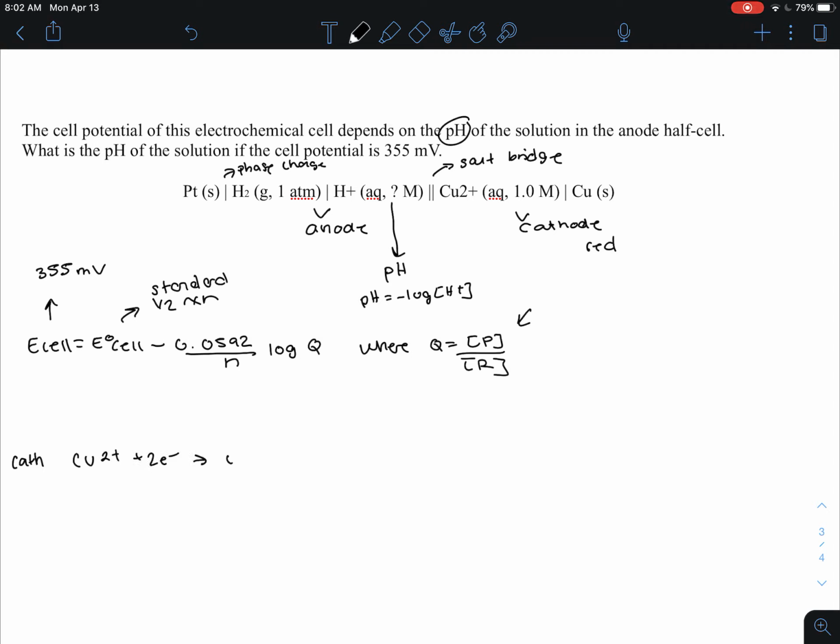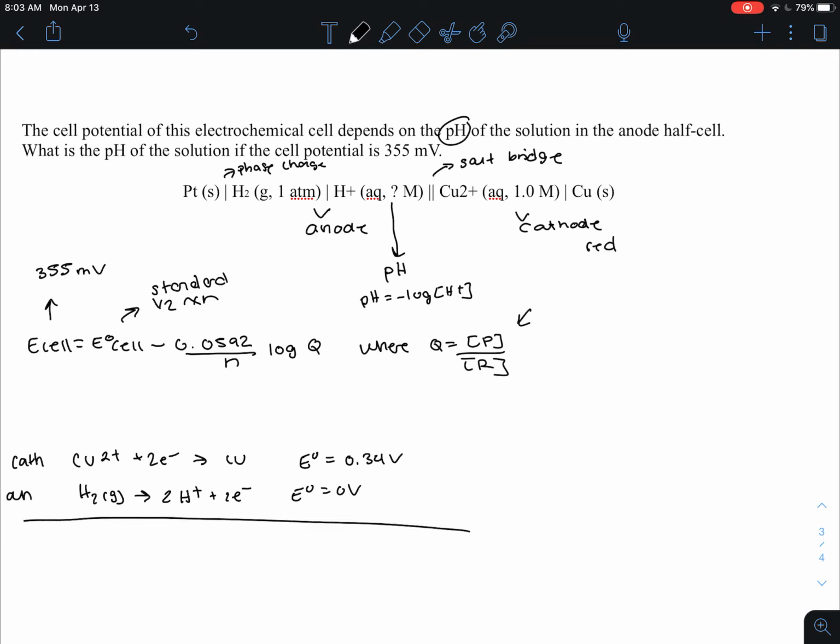Okay, hopefully you paused it. So then cathode is the copper being reduced. And then the anode is the hydrogen gas being oxidized. So then my overall reaction will be, my overall standard cell potential would be 0.34 volts.